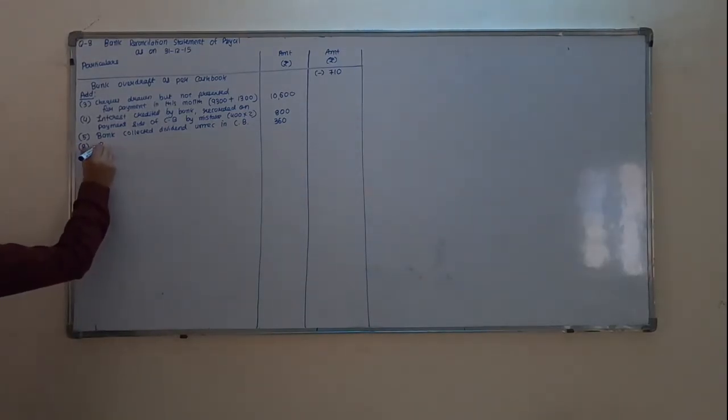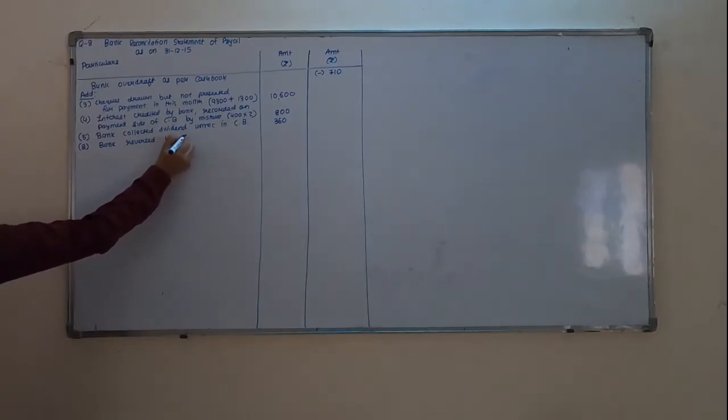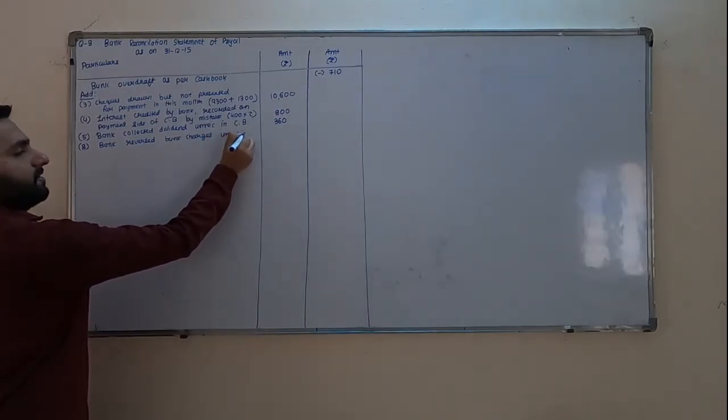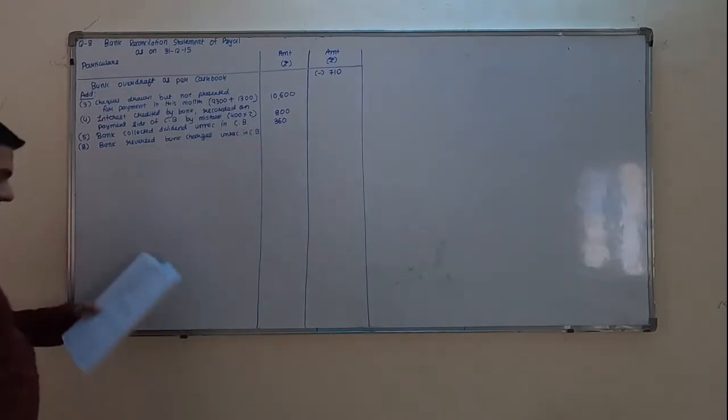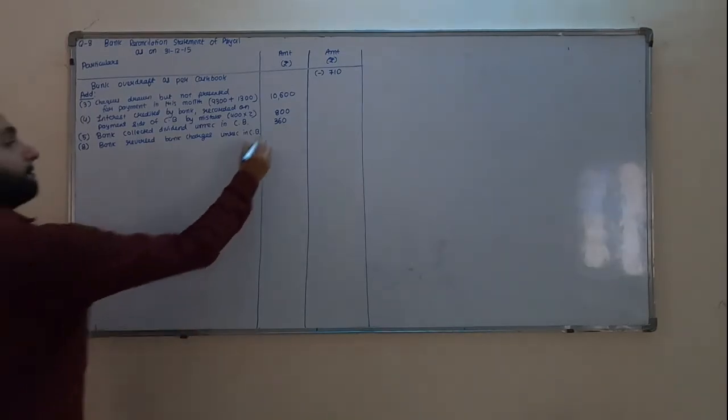Next transaction to add is number 8. Bank reversed bank charges unrecorded in cash book, 380.